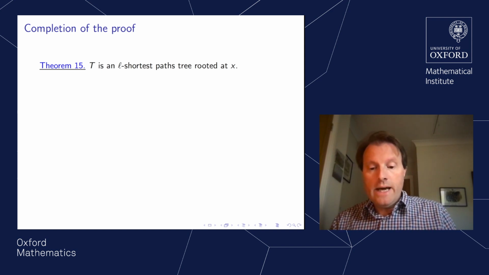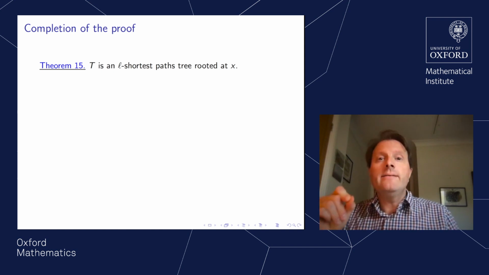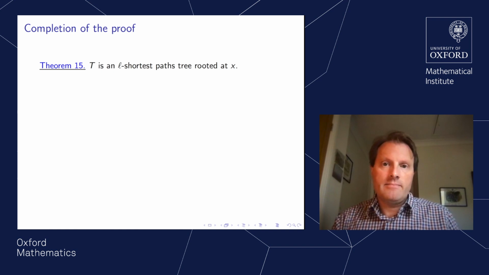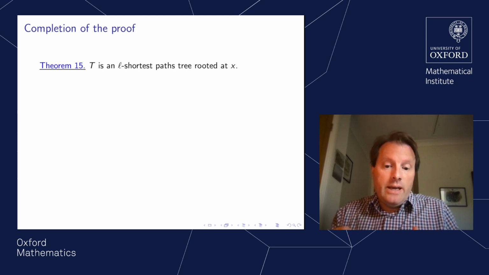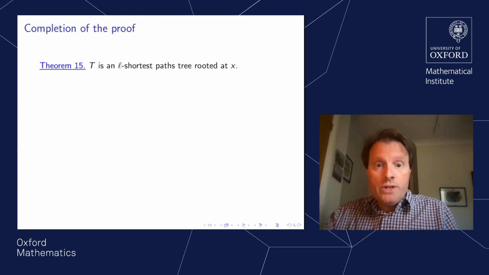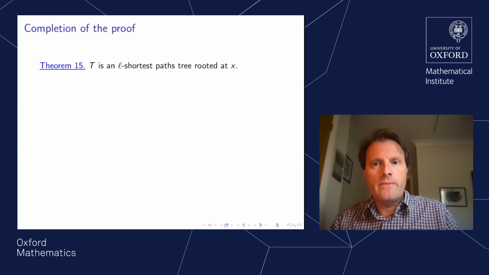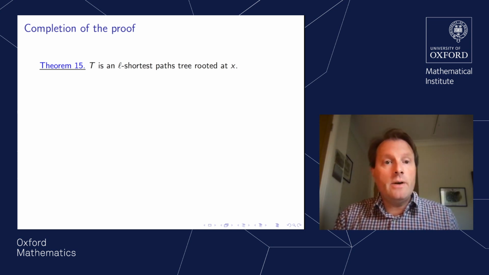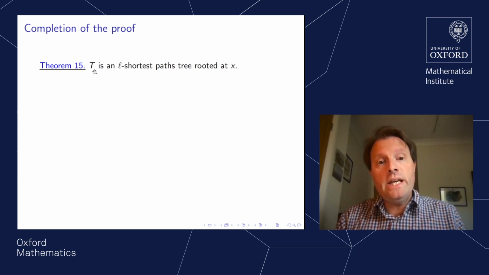And we also know that for every vertex, its D value is equal to the length in the tree from that vertex to X. But what we need to show is that actually the D value is equal to the shortest possible route in the whole graph from that vertex to X. In other words, we've got to show that there is no quicker way of getting from that vertex to X other than going via the tree T. So in other words, what we've got to show, and this will complete the proof that the algorithm works, we've got to show that T is an L shortest paths tree rooted at X.